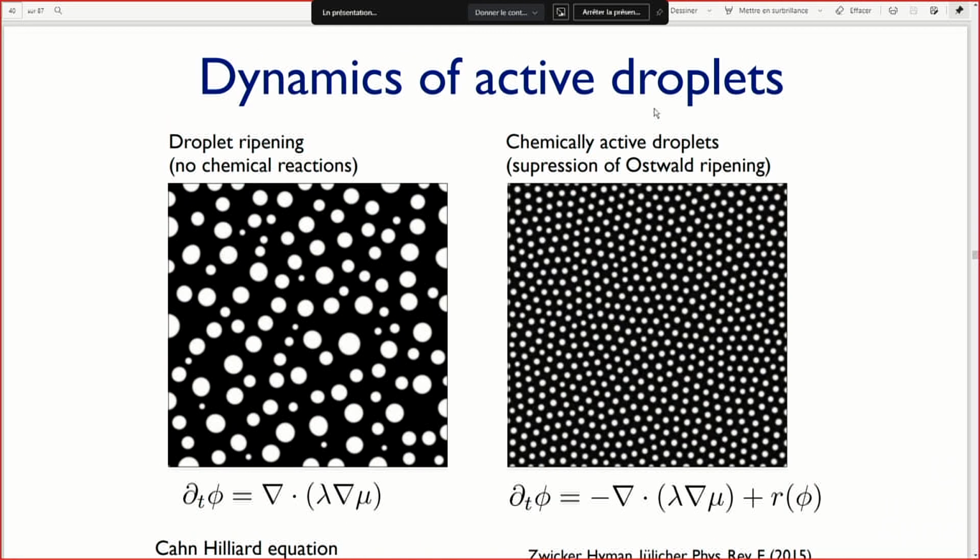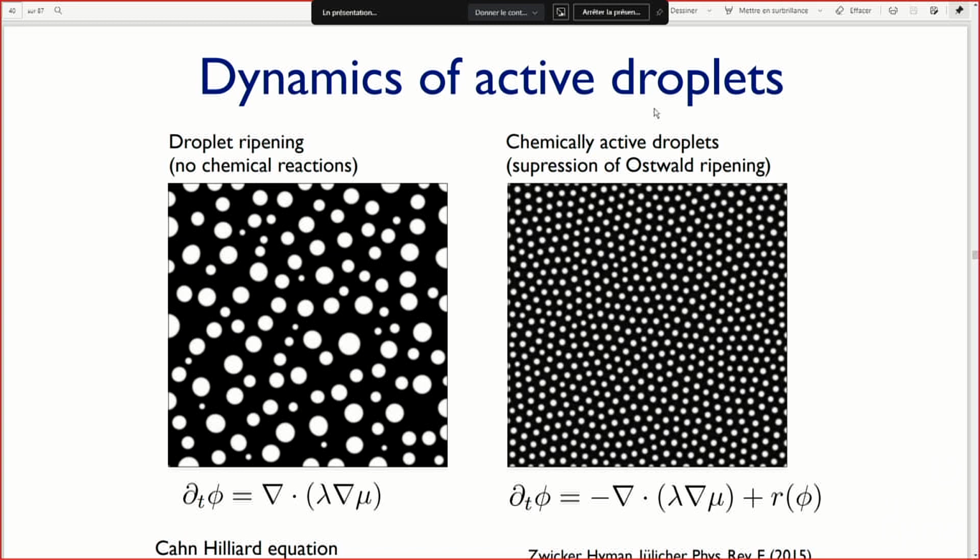And the first interesting observation in such a system is that the ripening can be very different from the standard Ostwald ripening. So these would be two movies. The left one is an emulsion that ripens without a chemical reaction term in my dynamic equation that is solved here.